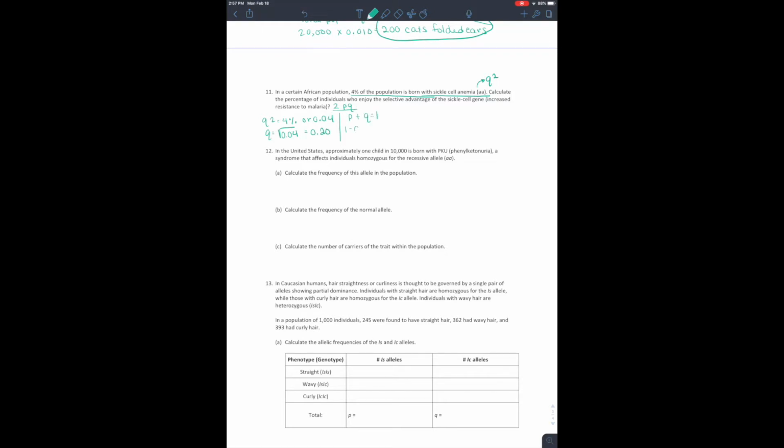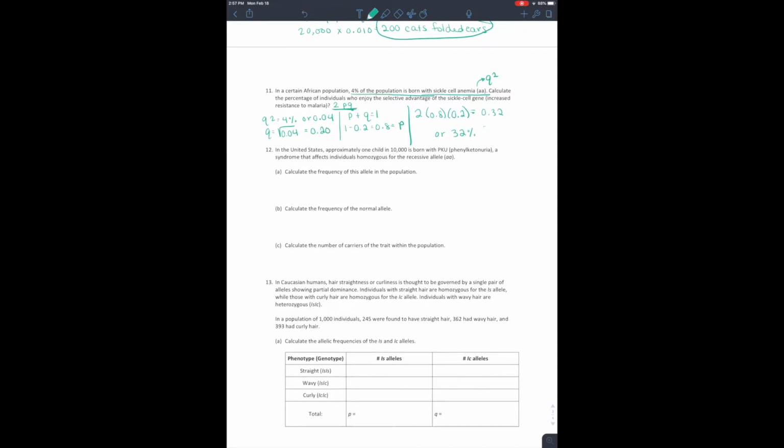So 1 minus 0.2 is going to be 0.8. So that is our P. Now we got to calculate our 2PQ. So 2 times, P is 0.8, Q is 0.2. Do the math and we get 0.32 or 32% have that selective advantage or are carriers.